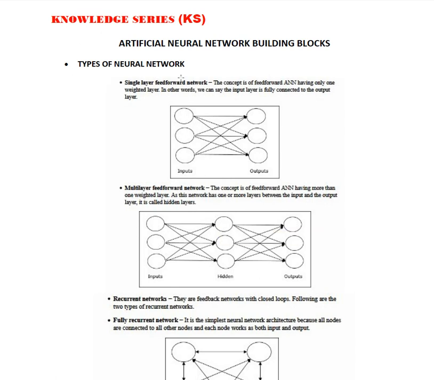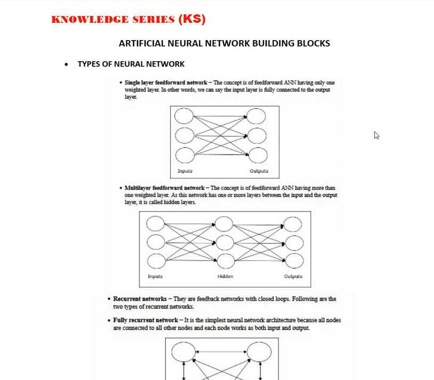So, types of neural networks. First we are going to discuss the feed forward networks, because neural network types are categorized under two classes. One is the feed forward network, and the other is the feedback network. A feed forward network is the one which takes the input x1 and directly delivers it to the output.